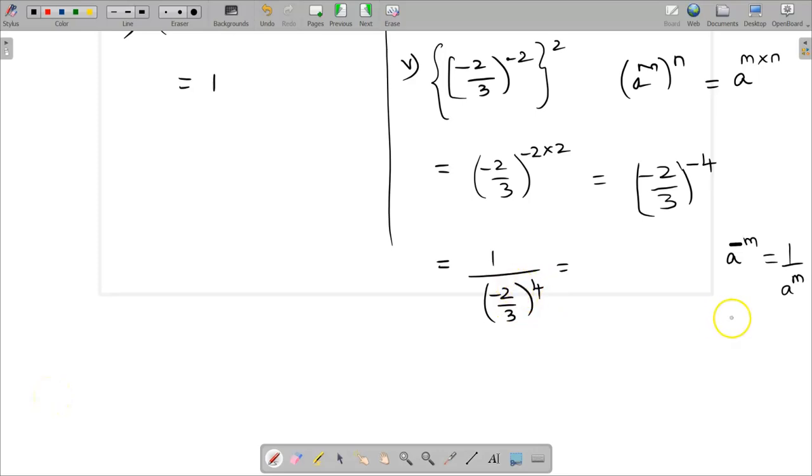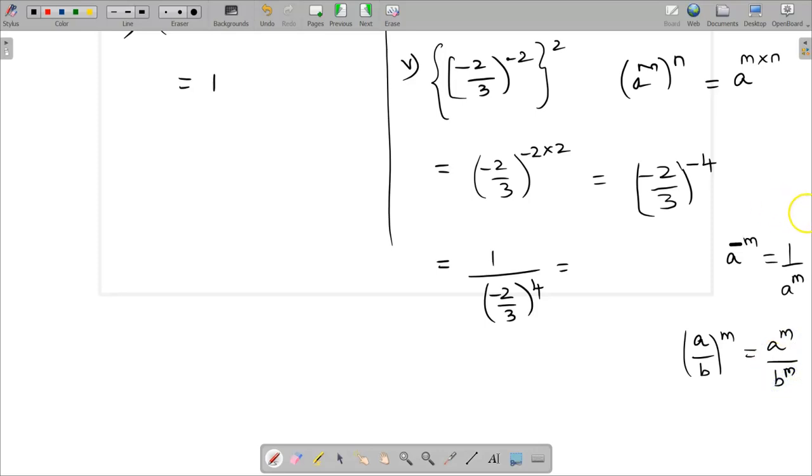So using the law of exponents, we have a by b the whole power m. We can split the term into two terms, that is, we can apply the power m to both the terms. So m is common for the numerator term and the denominator term, which is nothing but a power m divided by b power m.